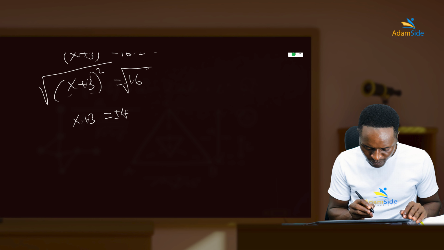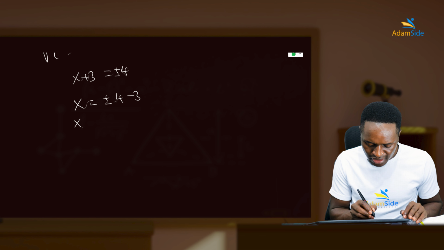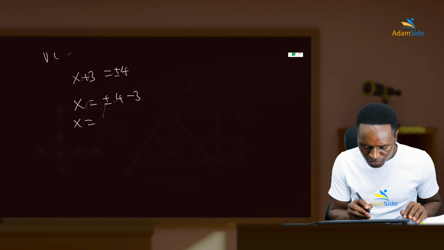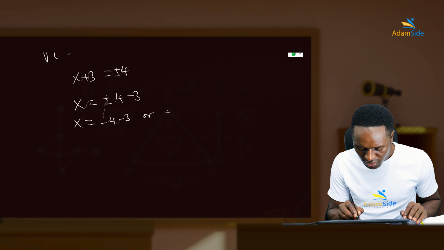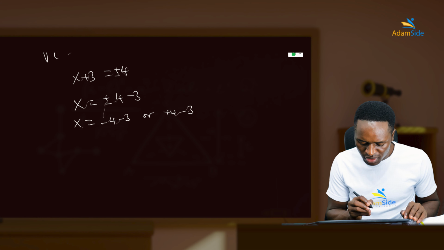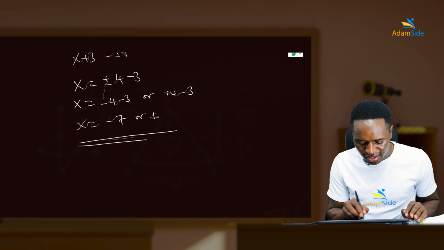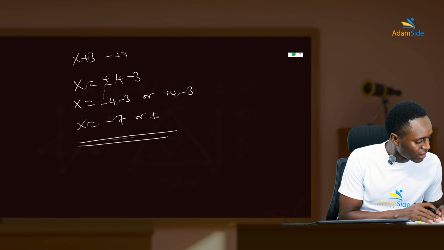Then x is equal to plus or minus 4 minus 3, that is, minus 4 minus 3 or plus 4 minus 3. So x is equal to negative 7 or 1. These are the only solutions.